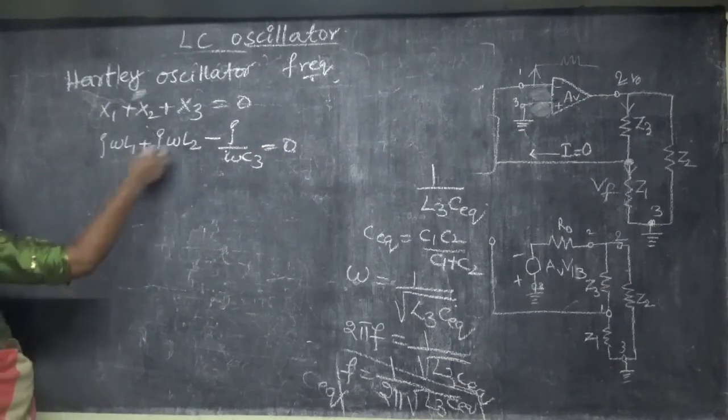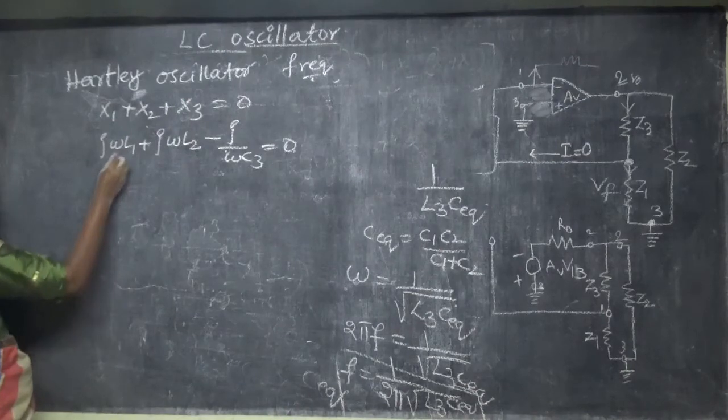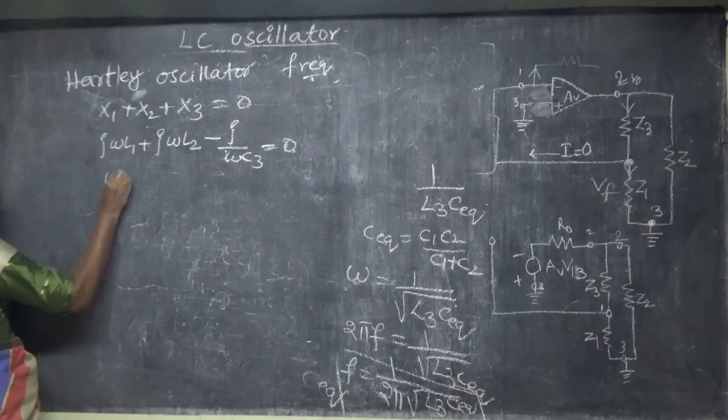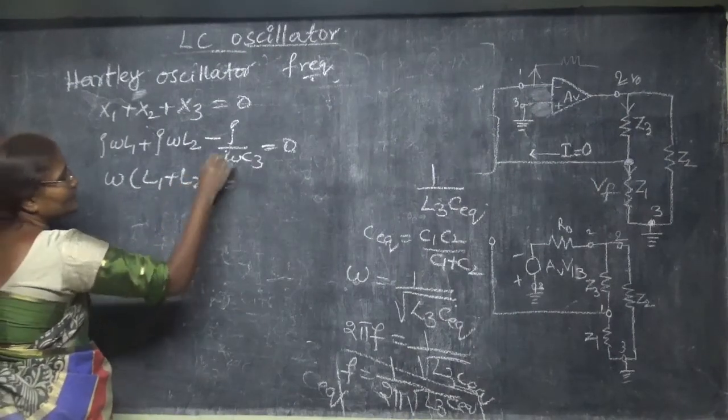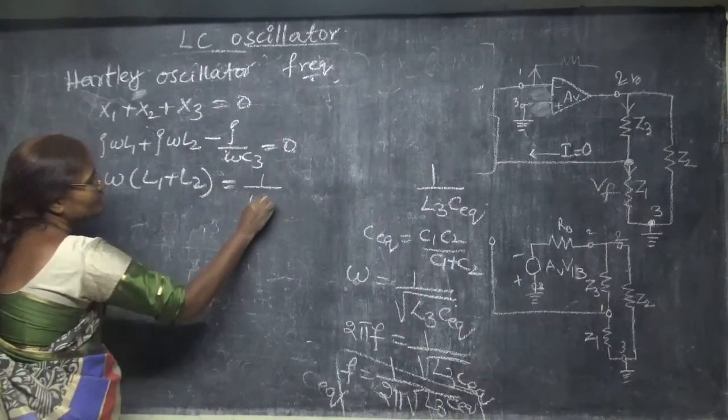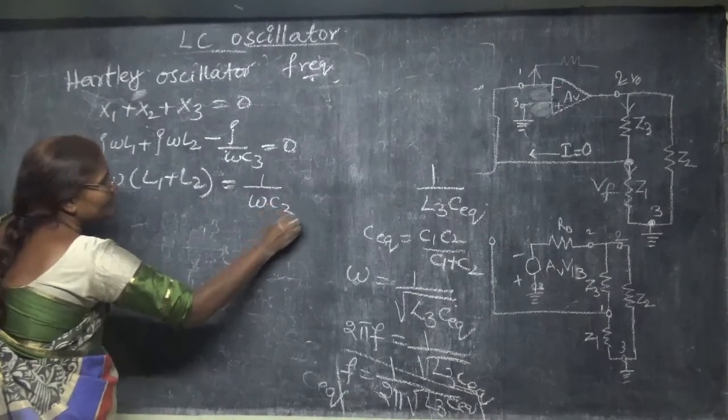So if I take J common, J will go. If I take omega as common, omega L1 plus L2 is equal to, when this goes to the right side, it will be this.